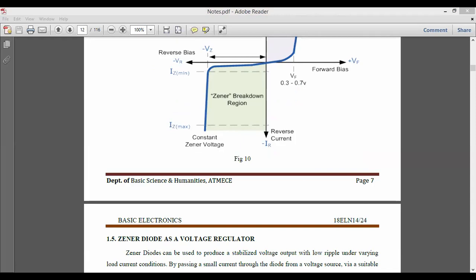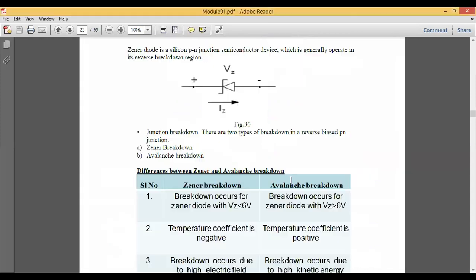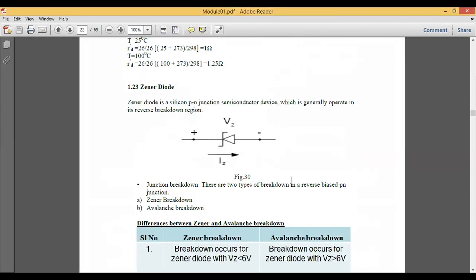The first possibility is Zener breakdown. The other is avalanche breakdown.